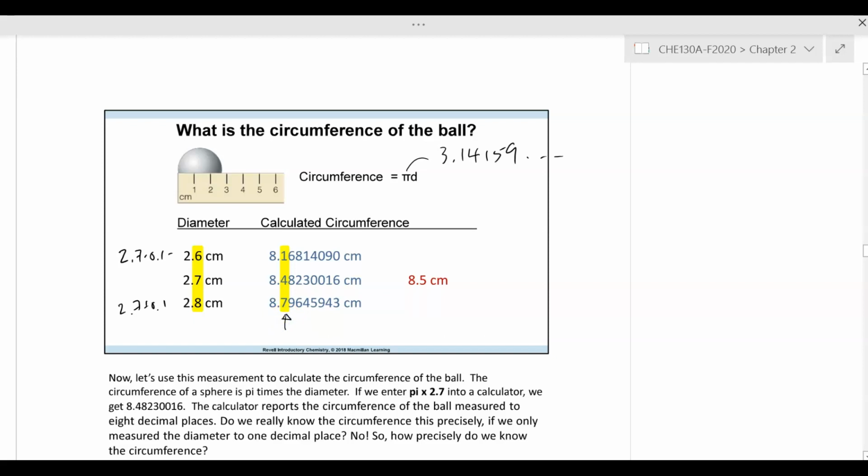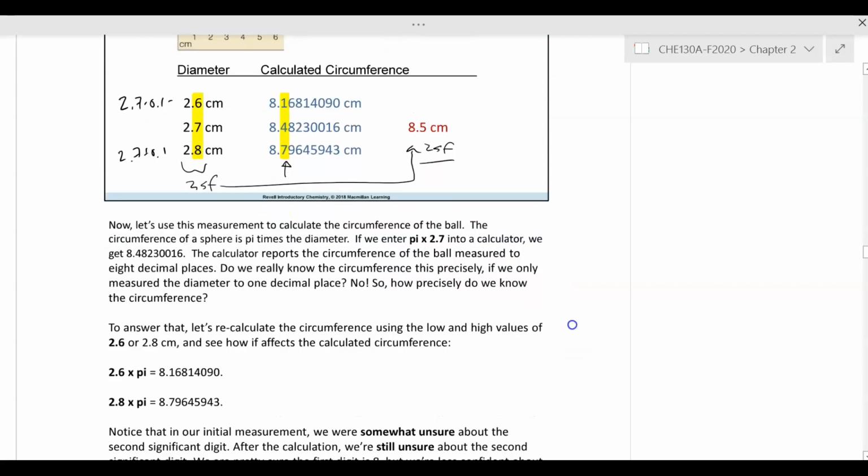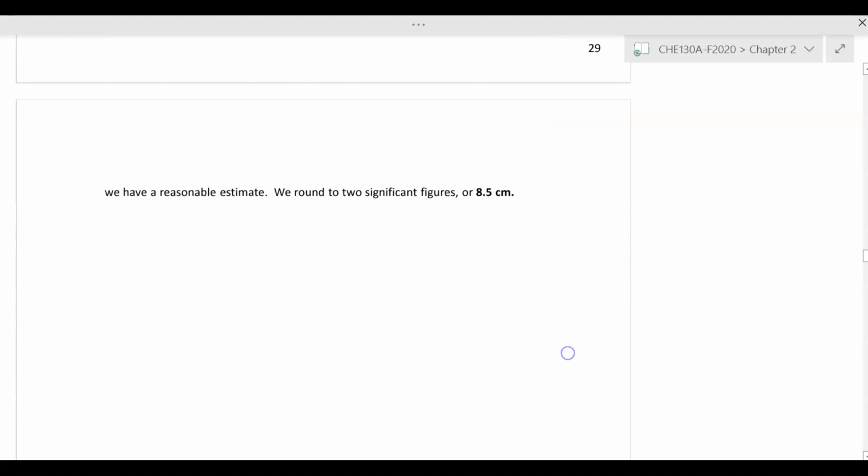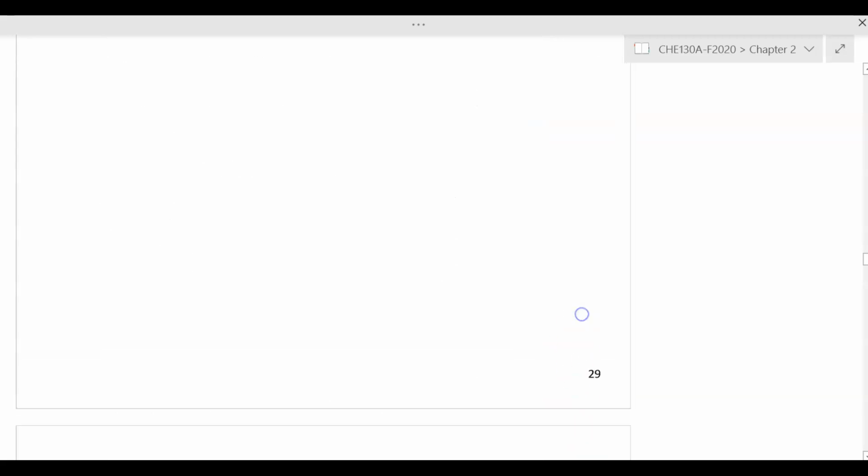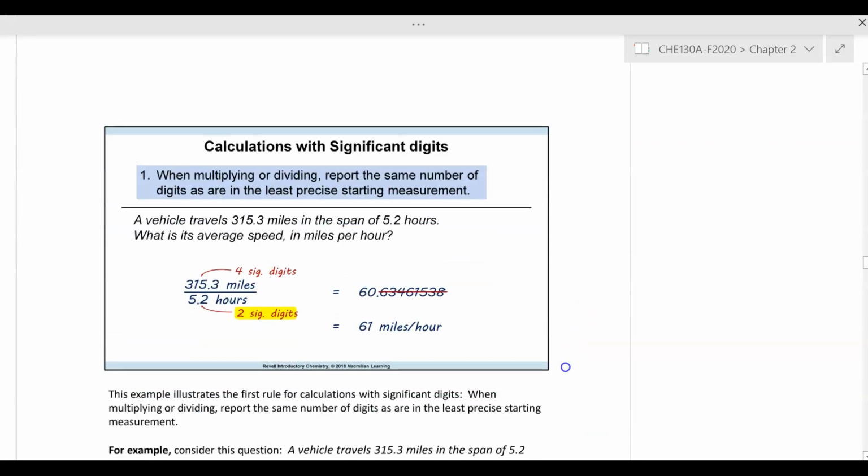The average of those values would be 8.5, but what we wind up with here is that we had two significant figures in this number. We only can claim two significant figures in this number. That's the only reasonable claim that we can make there. So those are the rules about manipulating significant figures when we do calculations.